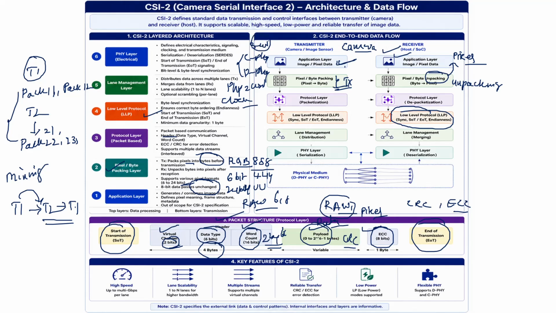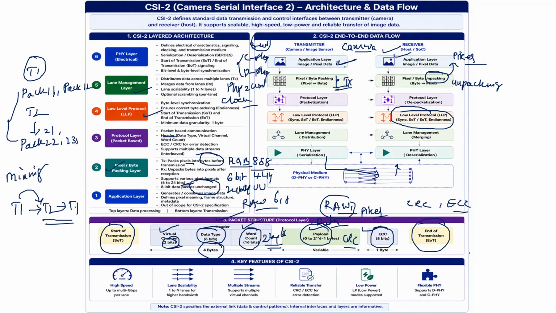For each lane, how much data we are distributing is handled by the lane management layer. And the physical layer, it will be connecting. That means your data will be converted to electrical signals. That electrical signal is transmitted from the transmitter side to the receiver side, and the receiver side also receives the same data.